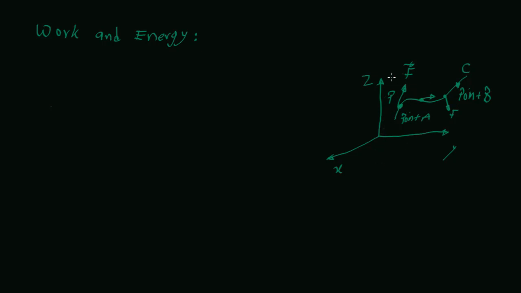So for this force, we can define work as the following statement. We say that the work of force F from A to B on particle P, which we show from a starting point to the end point, is equal to the integral of F dot dr on path C. So we show the path here for the integral and also the starting and end points of the motion.